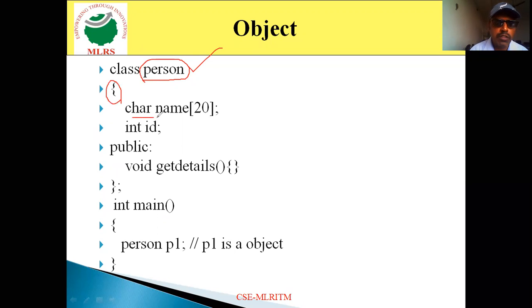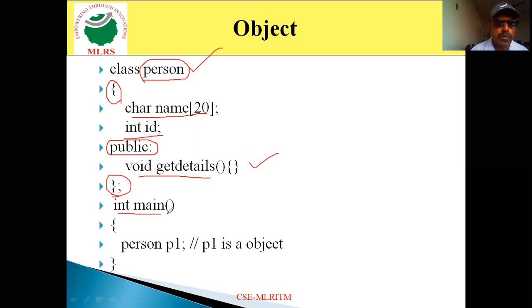In this example, I am specifying data members: char name[20] and int id. These are the data members. Next one, public, is an access specifier. In the public part, I specify a function named get details, void get details. This is a member function. Then close the class with a semicolon. When you specify close brace and semicolon, it terminates the class.